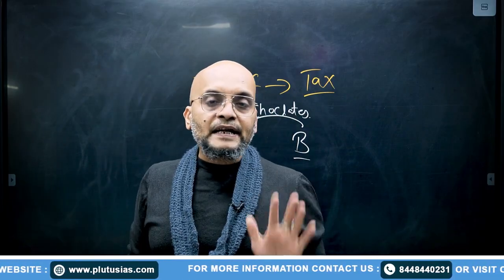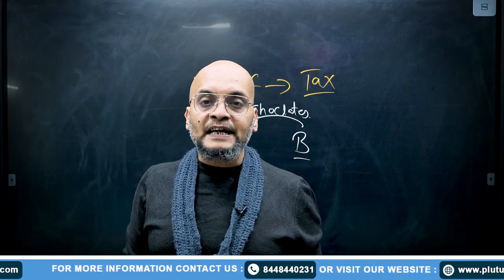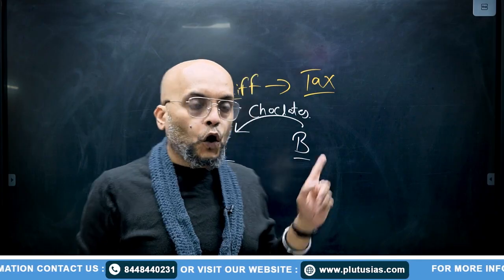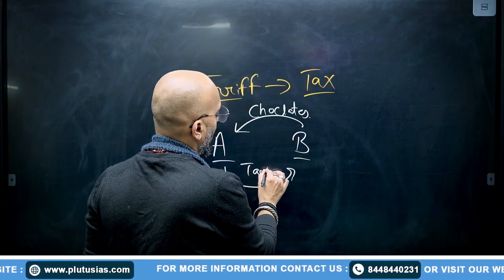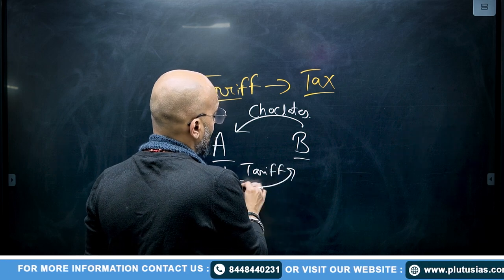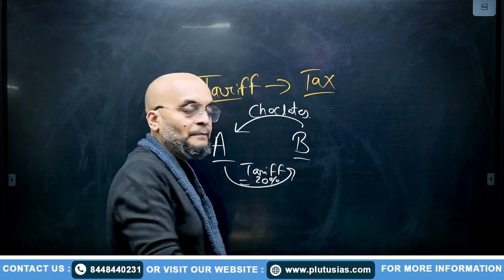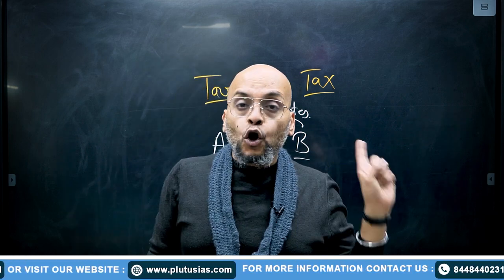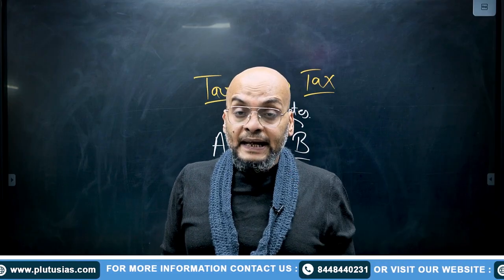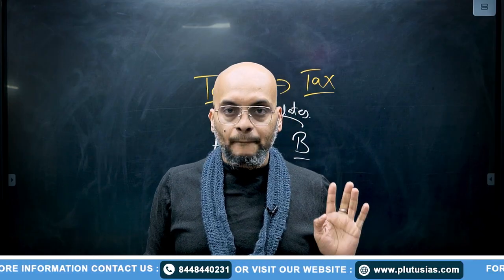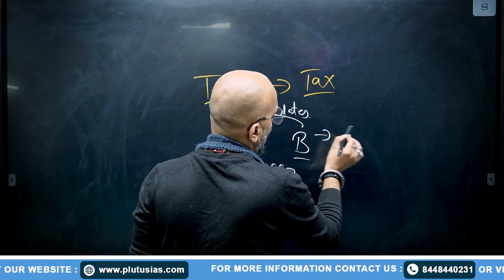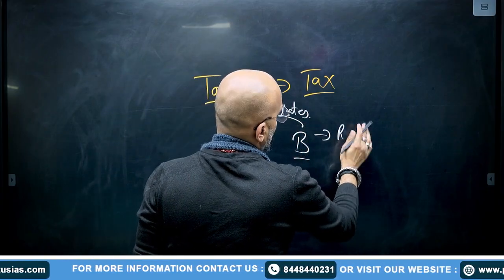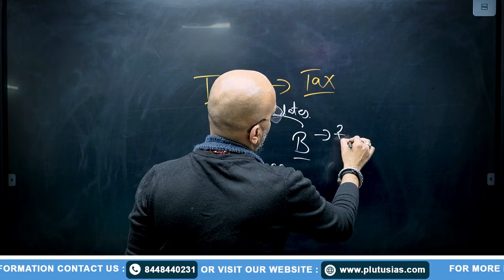Now let's say country A imposes the tariff of 20% on country B. So country A has applied the tariff, and I told you tariff is nothing, it is a tax of 20% on the chocolates that country A is importing from country B. Let's say the cost of this chocolate, in terms of rupees, is 100.